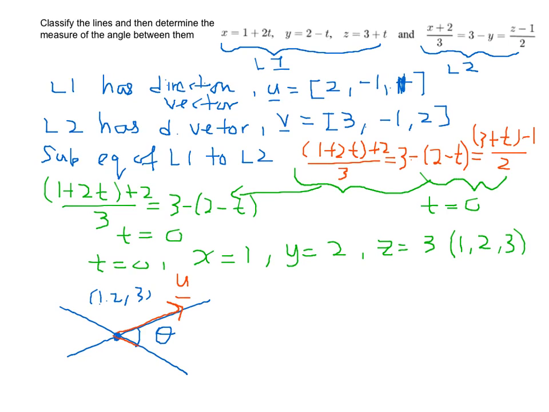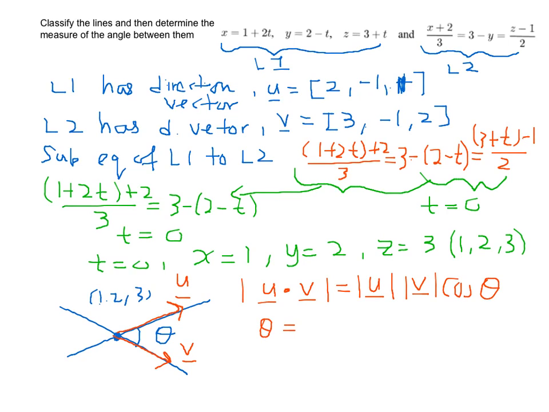We know the second line's direction vector is v, and using what we know about the angle between two vectors, or the definition of the dot product, that is this: u dot v is equal to the magnitude of u, magnitude of v, cosine theta.